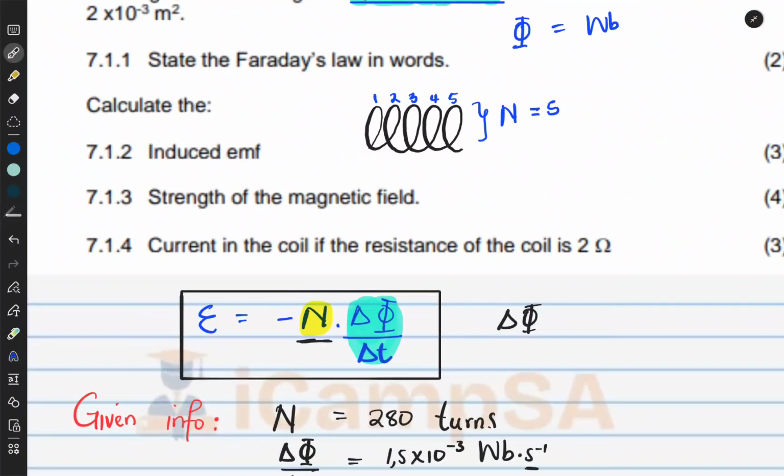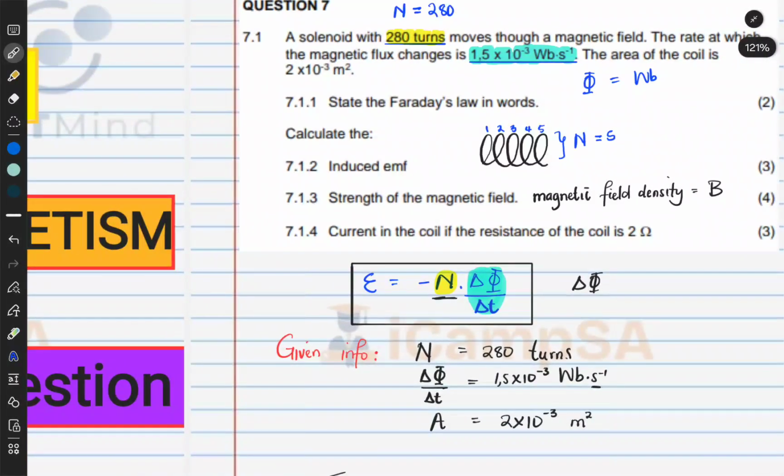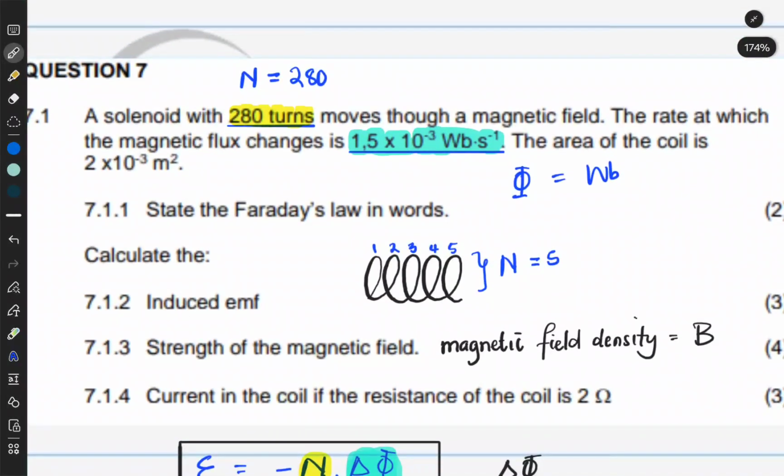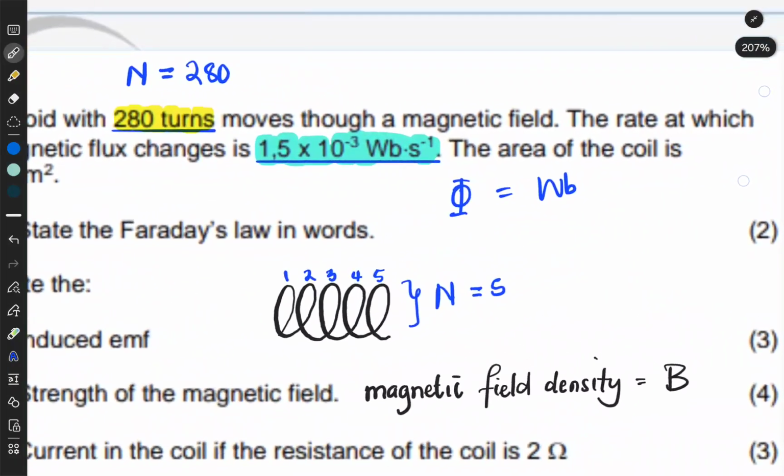If you remember, we said the strength of the magnetic field, also called the magnetic field density, is given by our symbol B, and it's measured in Tesla. So here we are required to find that strength, but let's understand the concept behind this problem.